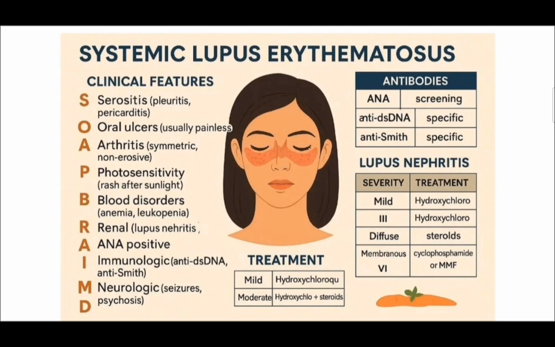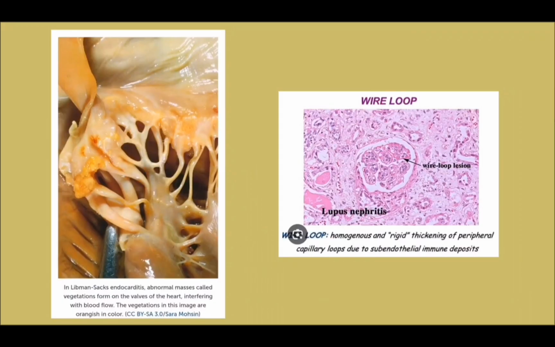Clinical features are serositis, oral ulcers, arthritis, photosensitivity, blood disorders like anemia, leukopenia, renal disorders, and ANA positive immunologic findings, that is, anti-dsDNA and anti-Smith antigens are present, and neurologic features such as seizures, psychosis, etc. Here you can see Libman-Sacks endocarditis on the left side and wire loop lesions on the right side.